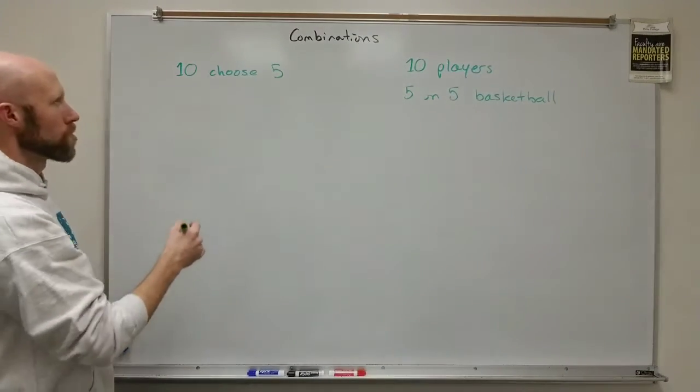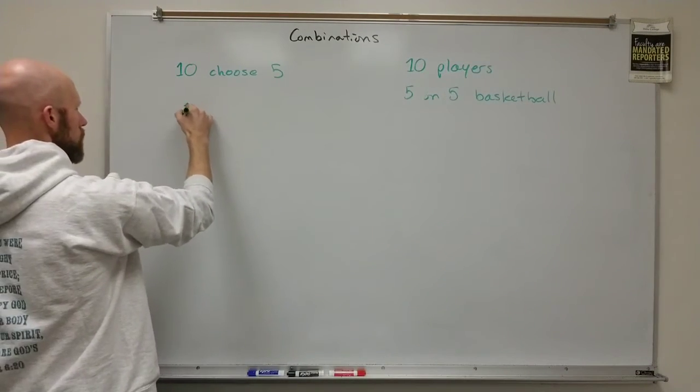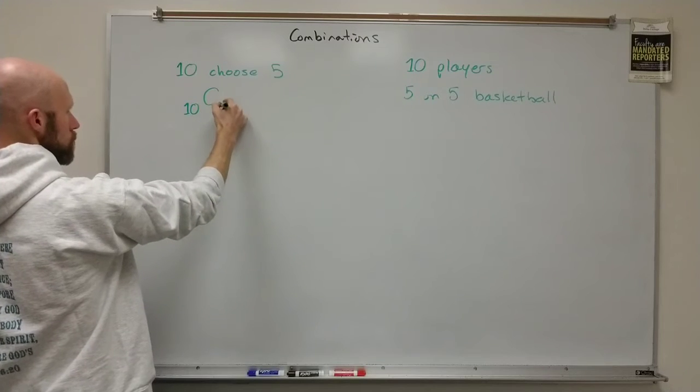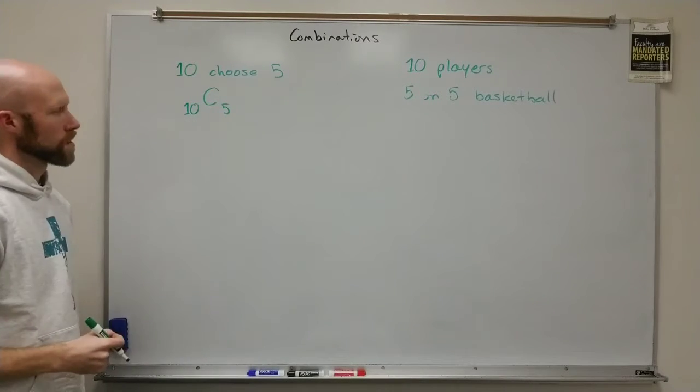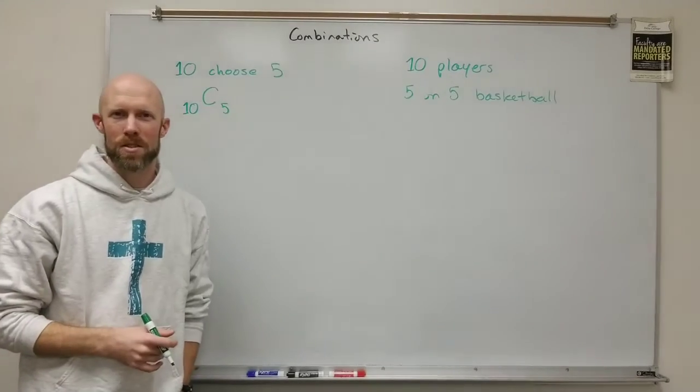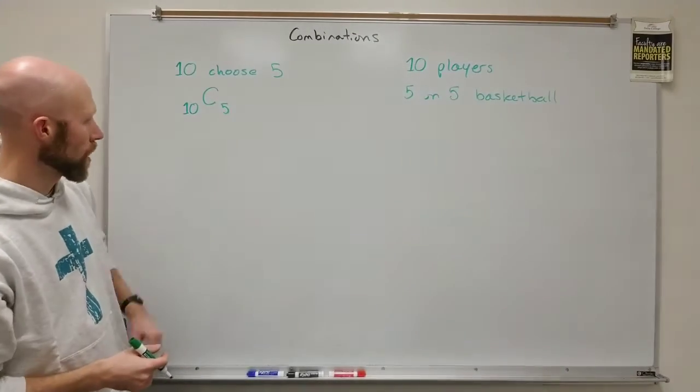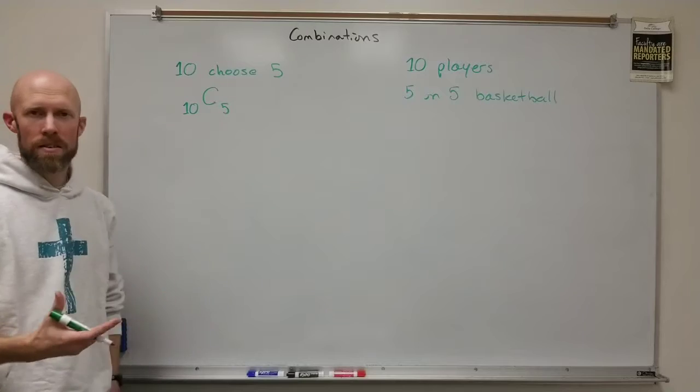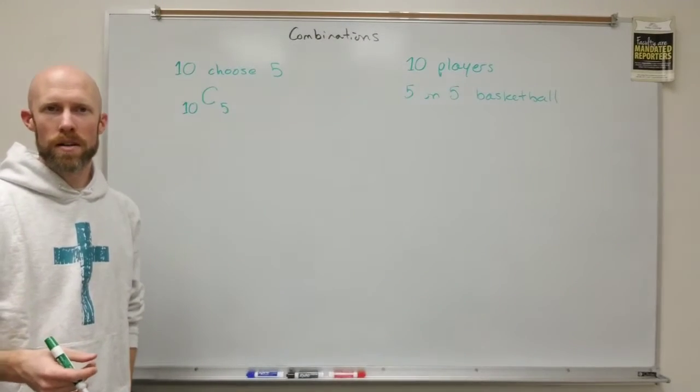Okay, so the notation is kind of like the permutations, except we use a C instead of a P, right? Combination instead of a permutation. It's 10 choose 5, and you're just choosing 5 with no order. The order is not important.